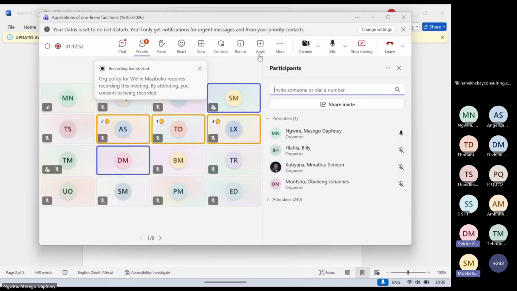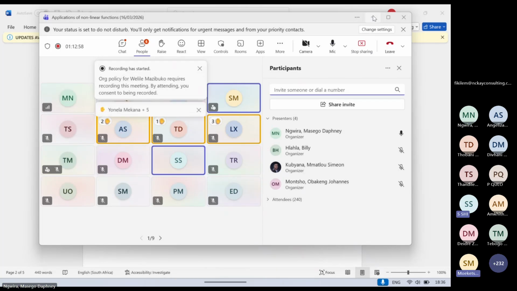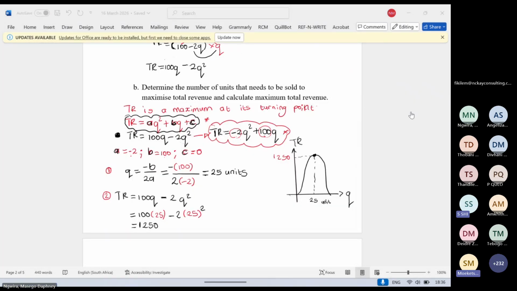Excuse me, lecturer, so you said assessment one is all open book, so can I see the notes while doing the test quiz?